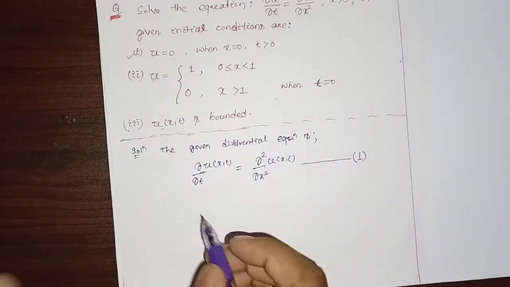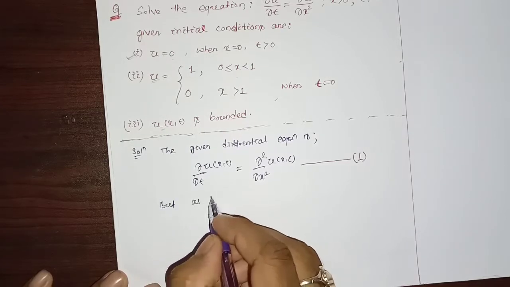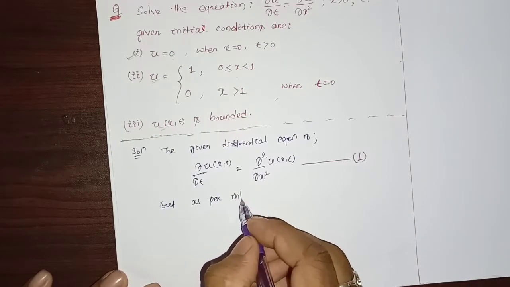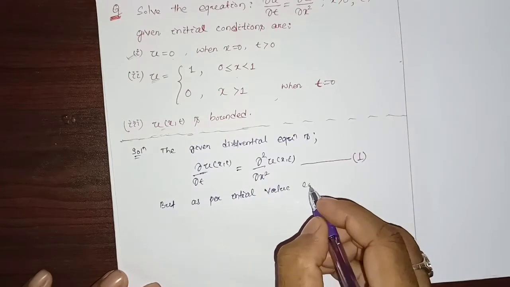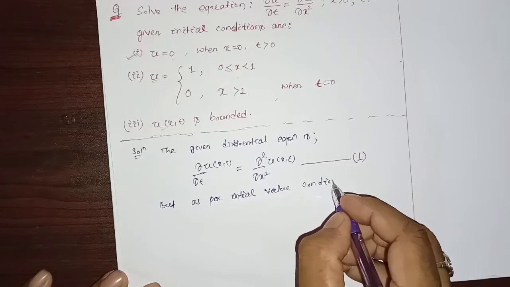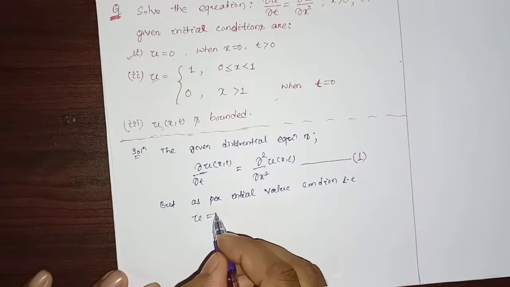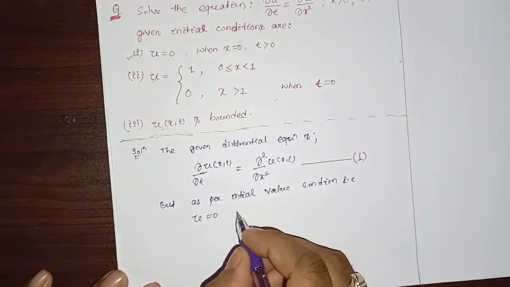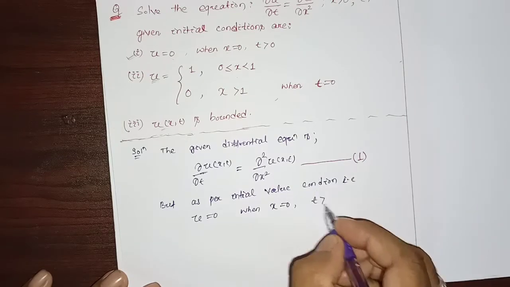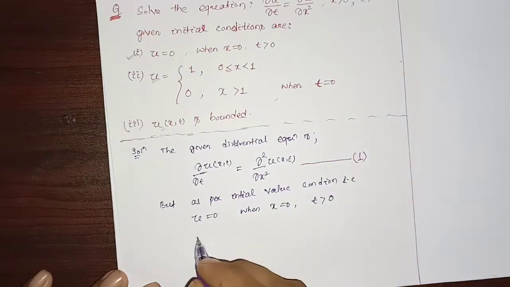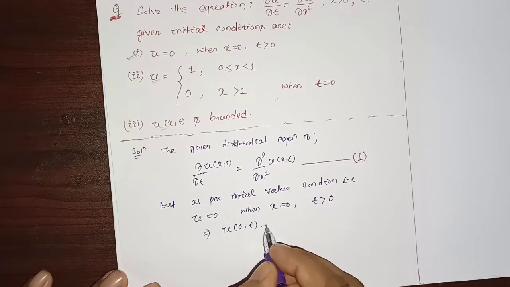As per the initial value condition, u equal to 0 when x equal to 0 and t greater than 0, that implies u(0,t) equal to 0.